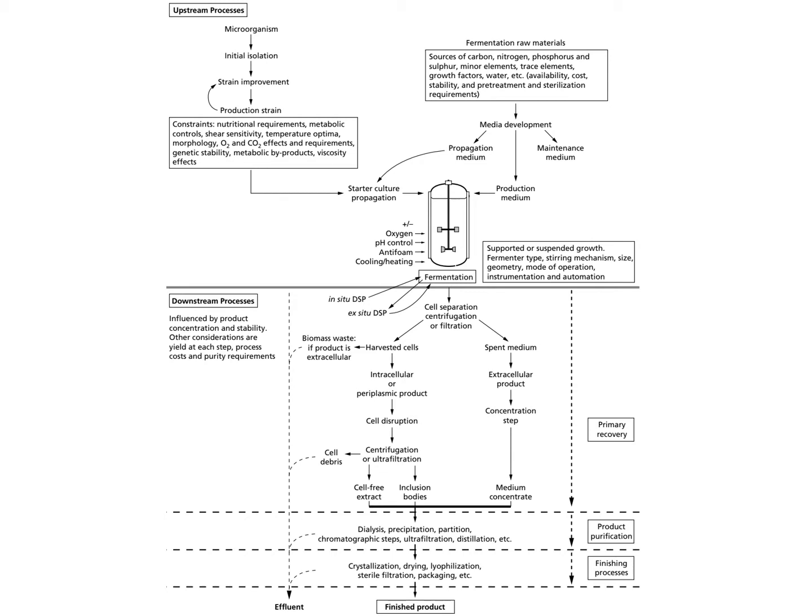So this downstream process is very important because it is more complicated when compared to the upstream. Because for upstream you need only the basic knowledge of microbiology and how to maintain the strain, how to maintain a pure culture, how to maintain an inoculum development, and the basic sterilization of fermenter and assembly of fermenter or bioreactor, that's all.